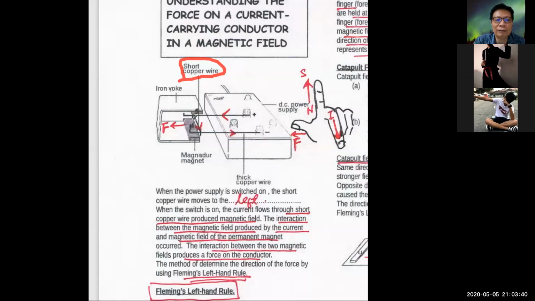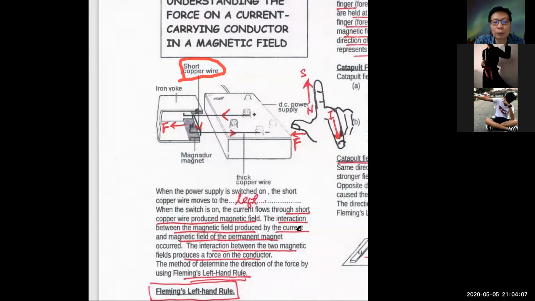So there are two magnetic fields here, one from the permanent magnet and one from the current. These two magnetic fields clash. We don't use the word clash, we say interaction. The interaction between the magnetic field produced by the current and the magnetic field of the permanent magnet occurs.